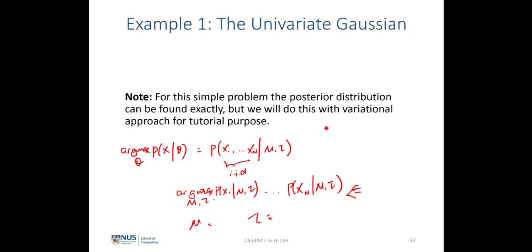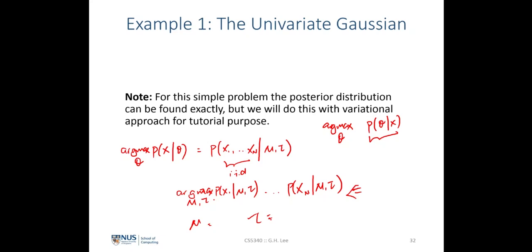Or otherwise, we can also do the argmax over theta of the maximum a posteriori of this expression over here, where we can use the Bayes rule to express this in terms of the likelihood and the conjugate prior.